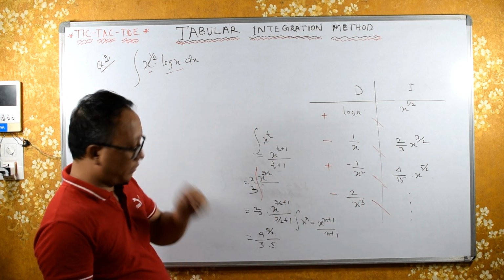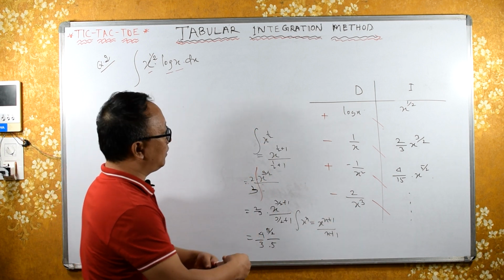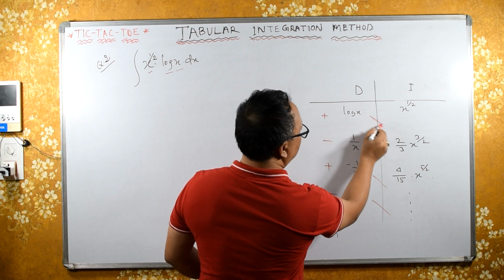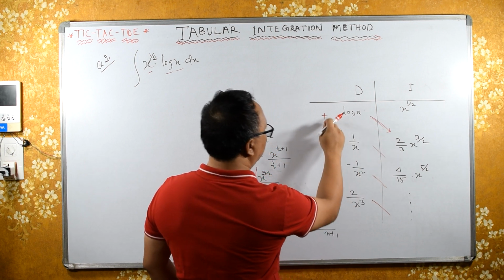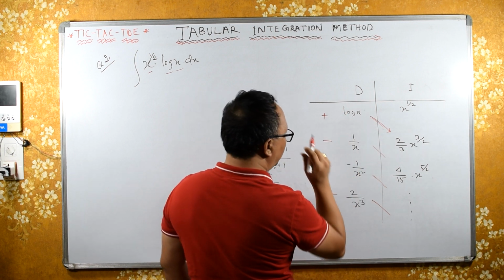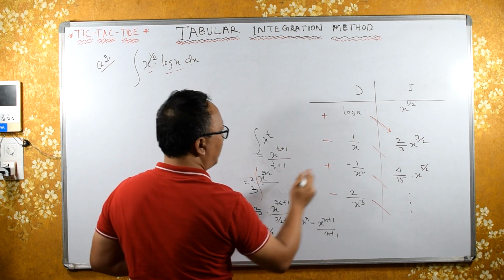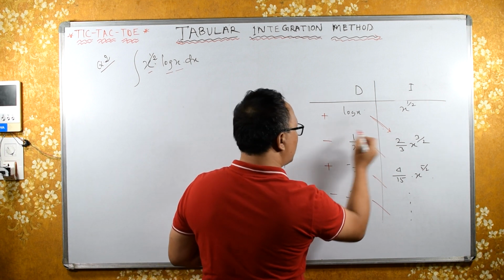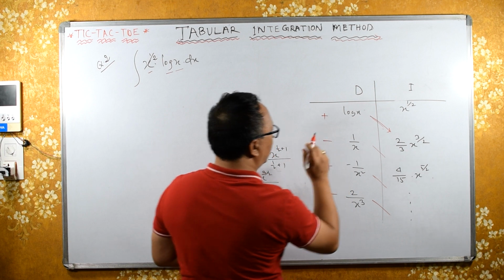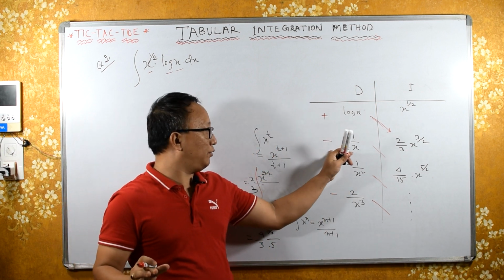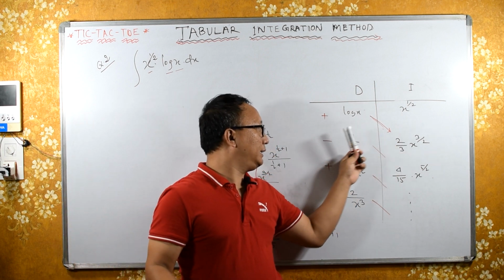In this scenario, firstly we'll multiply this into this with plus sign, then minus, then plus sign. After this, you can stop at any time where the term you get makes the integration easy.